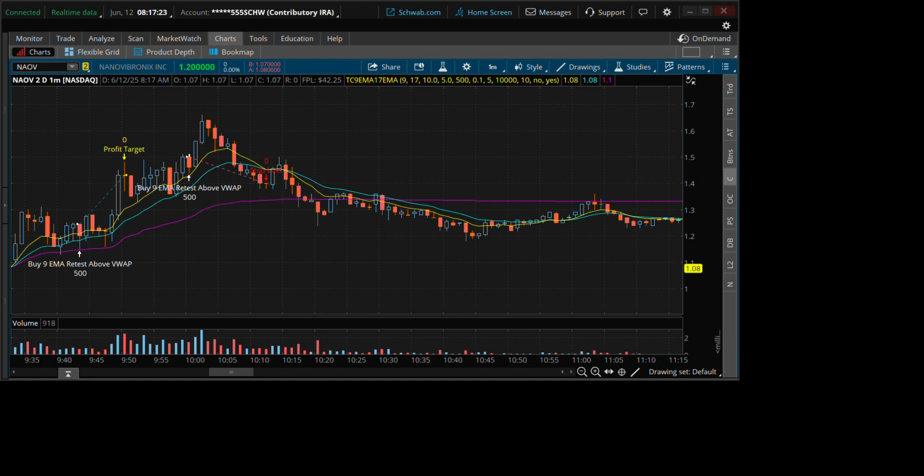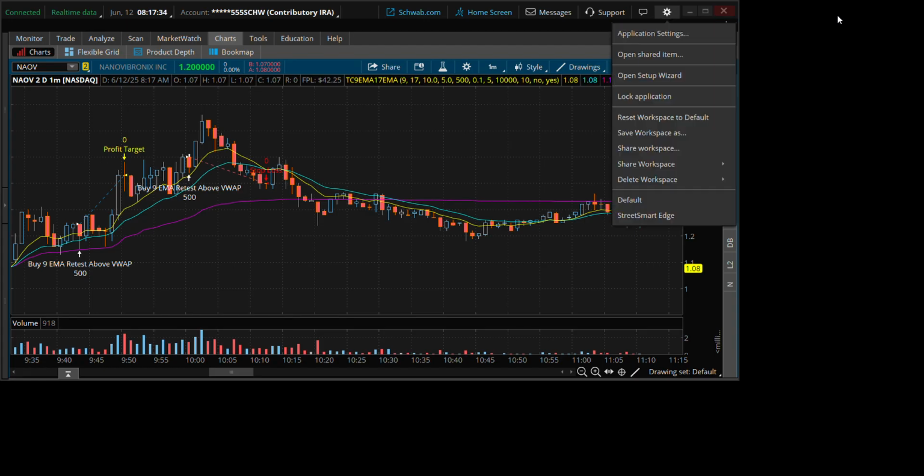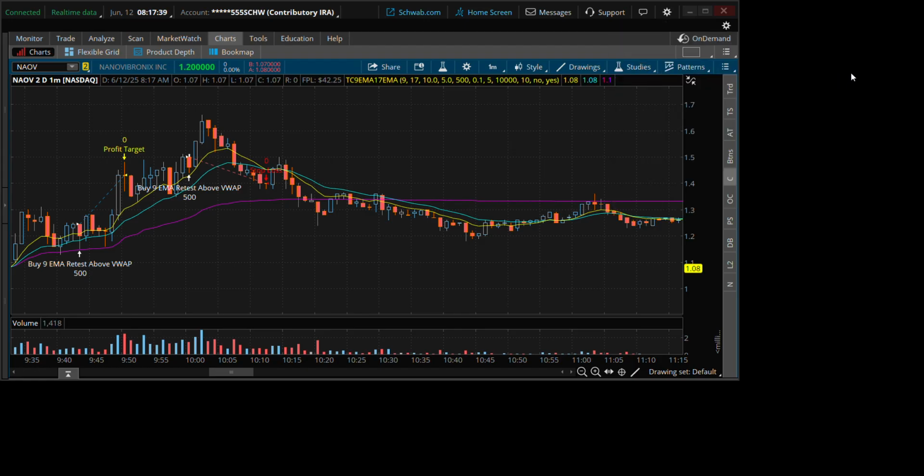You want to go to your Thinkorswim. You're going to click on this little wheel icon, and under here is shared items. You click on that shared item and paste your link in there. You're going to want to hit preview, and this is what it's called, the TC EMA retest. Hit import, import it into your studies.